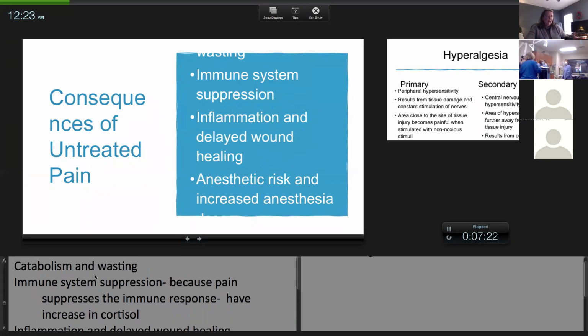Talk about the consequences of untreated pain. Catabolism and wasting are not something seen the next day after surgery, like, okay, we didn't treat them and they're wasting away. But if you've got chronic pain that has not been treated for a period of time, there's immunosuppression, inflammation.